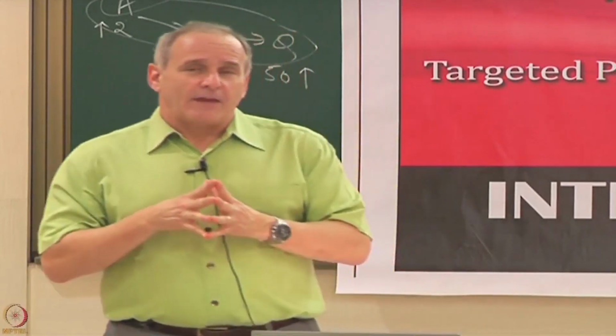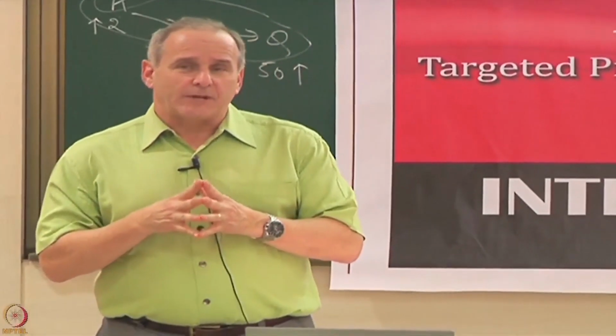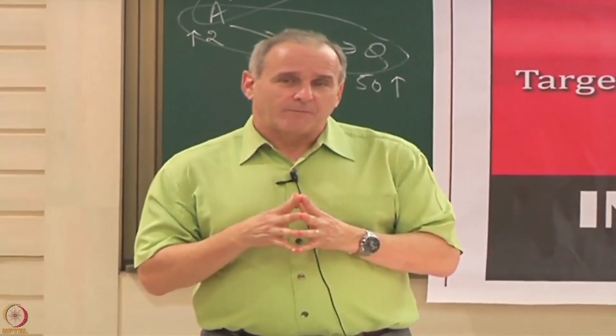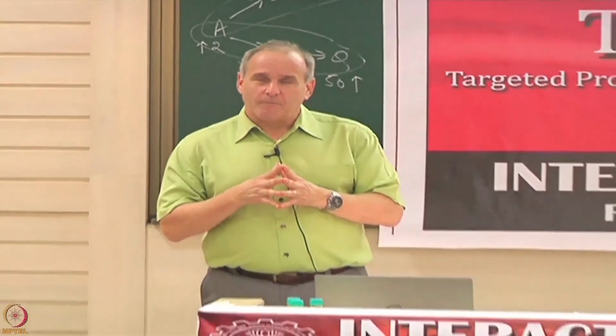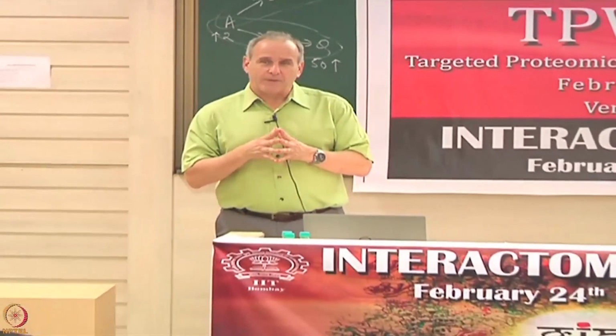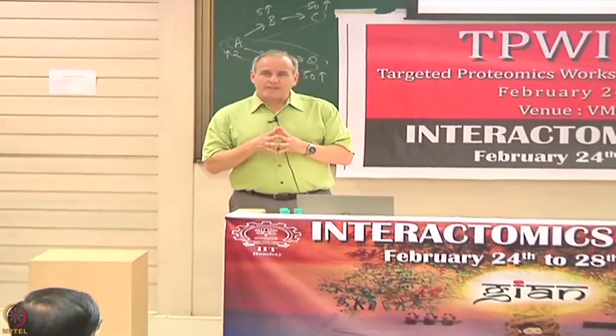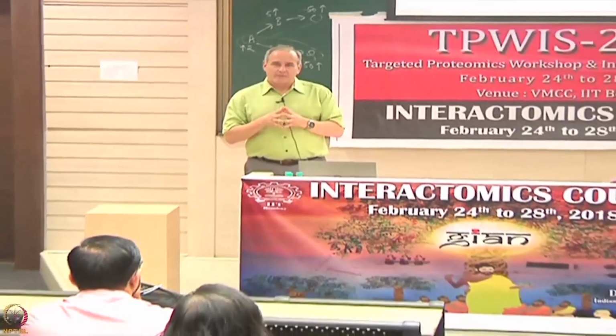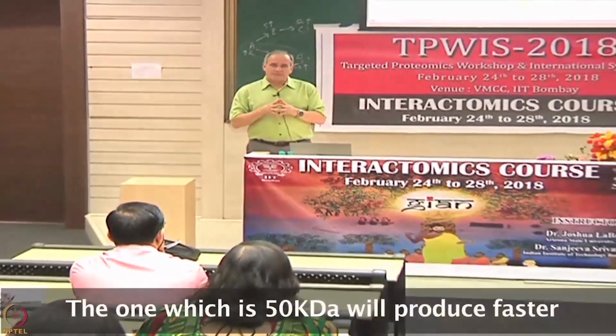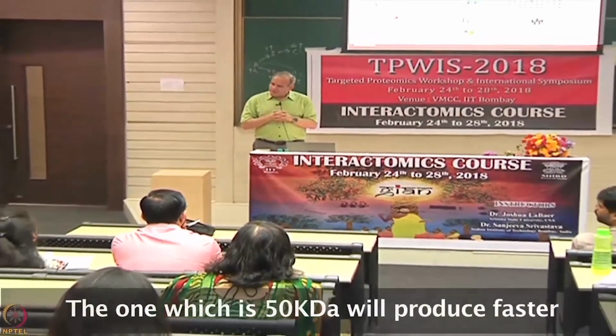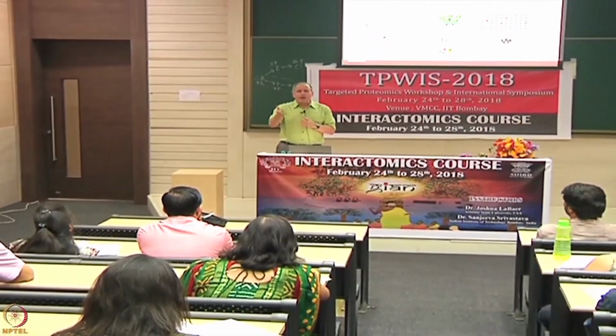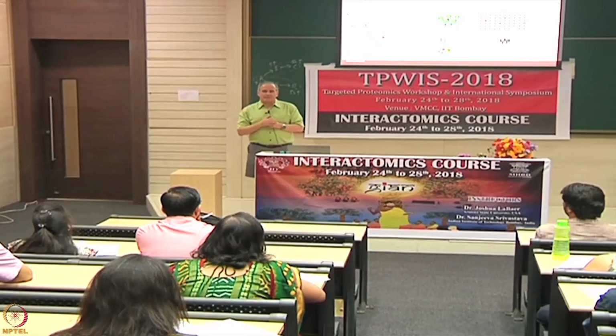Where could a bias come in? So if I have a protein that's 15 kilodaltons and a protein that's 80 kilodaltons, would I see a difference? What do you think? Why might I see a difference? Right. So how do proteins get made?